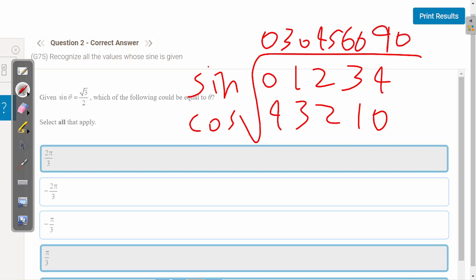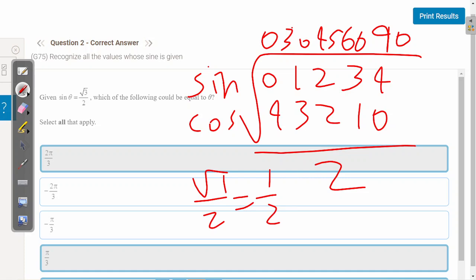How this works basically, if you want sine 30, it's radical 1. Oh, I forgot there's over 2 here. So sine 30 is radical 1 over 2, which is just 1 over 2. Or if you want sine 45, it's radical 2 over 2, and etc.